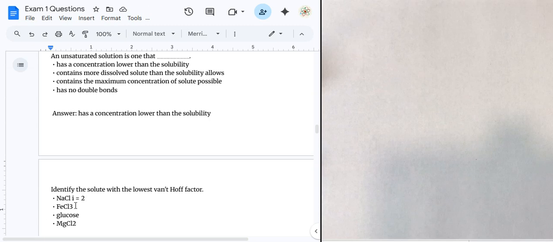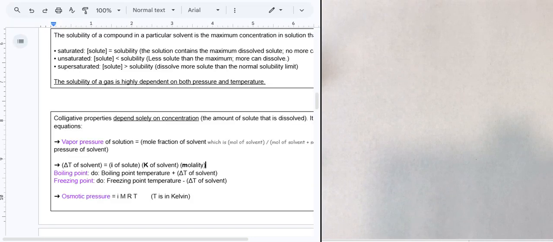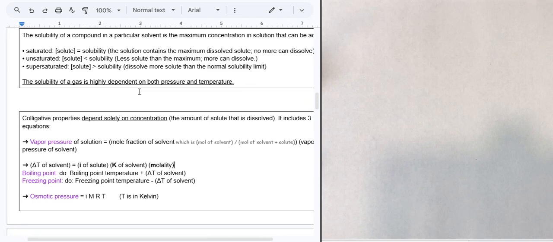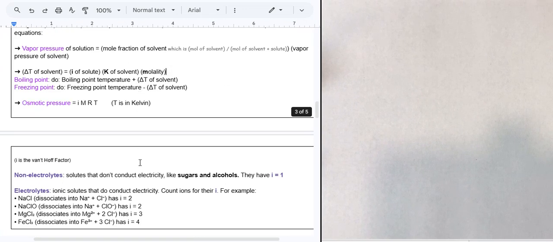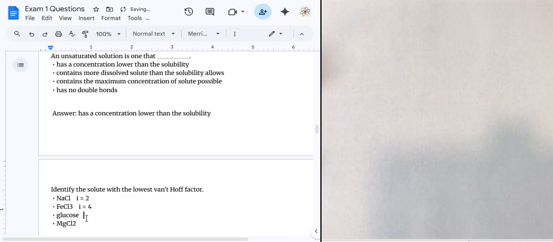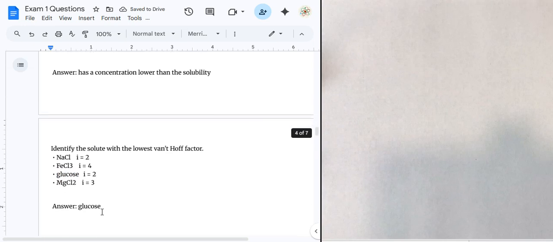FeCl3 will have a Van't Hoff factor of 4, so i will be 4. Glucose, remember, is a non-electrolyte, so it has an i of 1. So this would have an i of 1, and this would have an i of 3. So glucose will be the answer for this.